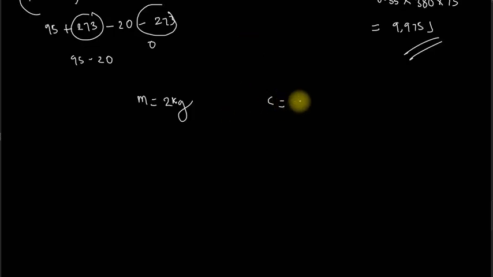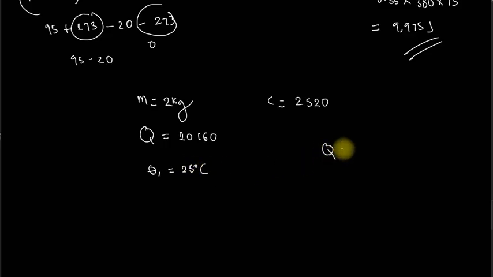So I'm just going to write specific heat capacity as 2,520. And we're given our energy, that's the quantity of heat in joules, as 20,160 joules. And then what's left? We're given our initial temperature as 25 degrees Celsius.